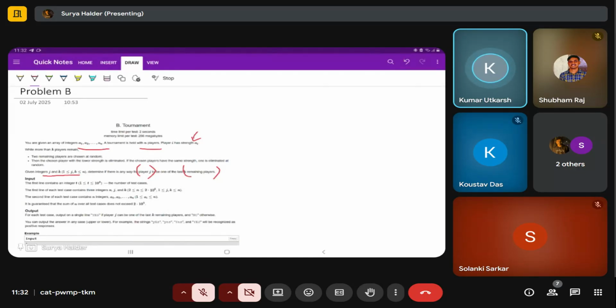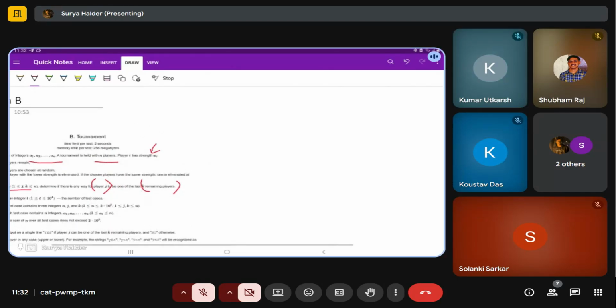If j is the strongest, that is j has the highest points, then only j will be remaining. So we need to see that k is greater than 1. If k is greater than 1, then we can always get the right answer. Or else if k is equal to 1, then we need to see that j is the strongest, that is j is the maximum in that array. This is what I remember.